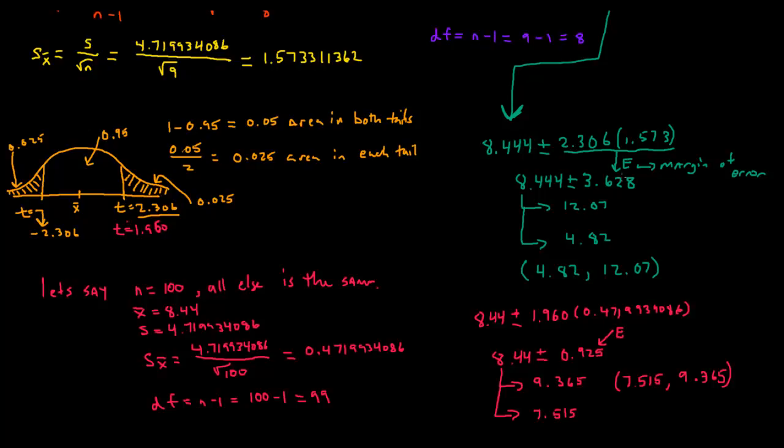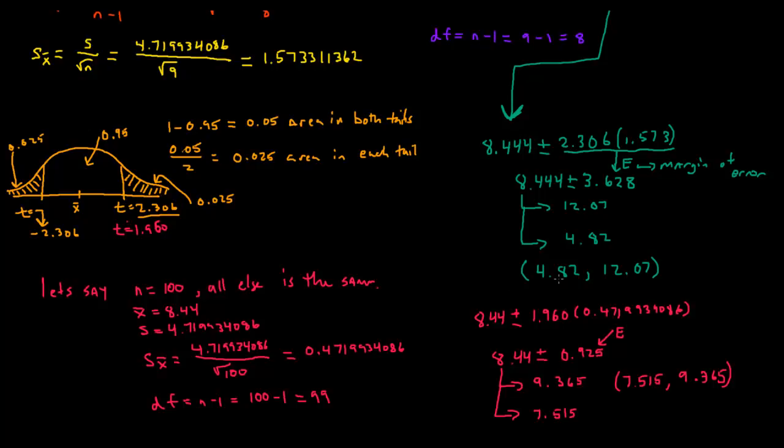E went when we had a sample size of 9 at 3.628 hours. When we increased to a sample size of 100, we got a margin of error below 1. So we decreased the margin of error by a little over, between 2.5 and 3 hours. Okay? Yeah, so that was a significant decrease. And again, depending on your context, you may or may not need a smaller margin of error.